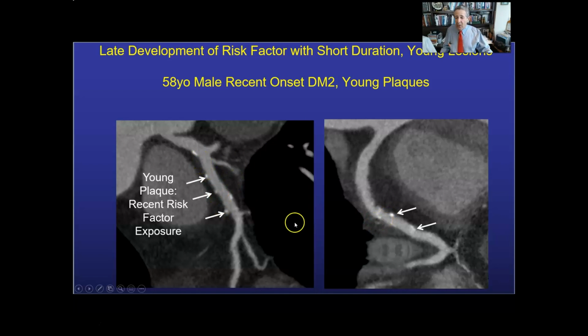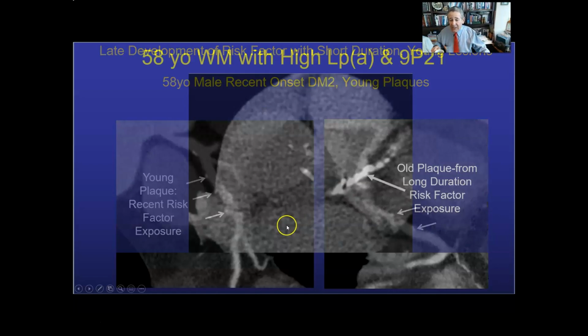And so even though your total plaque burden may not be so high, these are all active because of these new risk factors that you've developed relatively late in life.